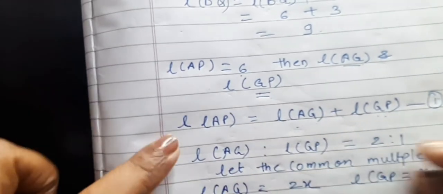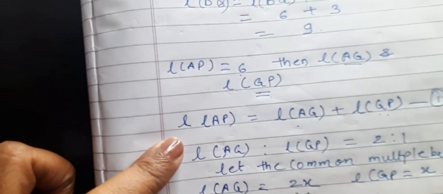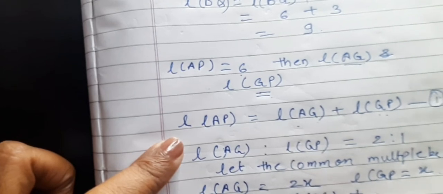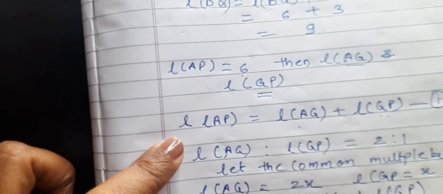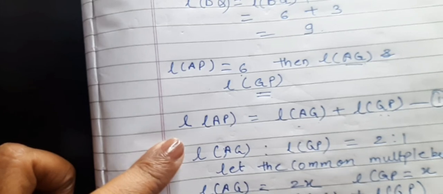Okay. Now these two values I am going to substitute in this formula, that I'll name as equation 1, right? So length of AP will be equal to length of AG plus length of GP. So it is equal to 2x plus x. This is 6. So 3x equal to 6.